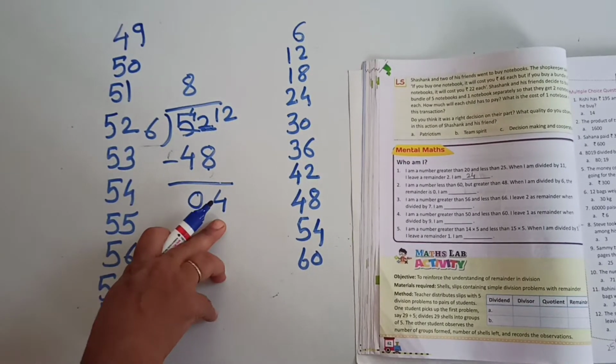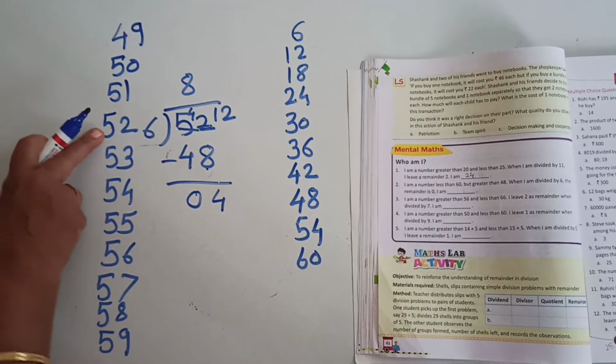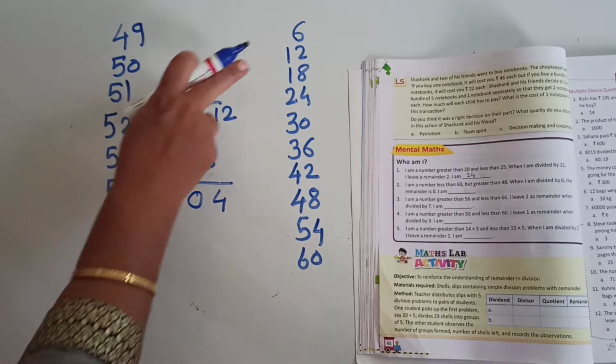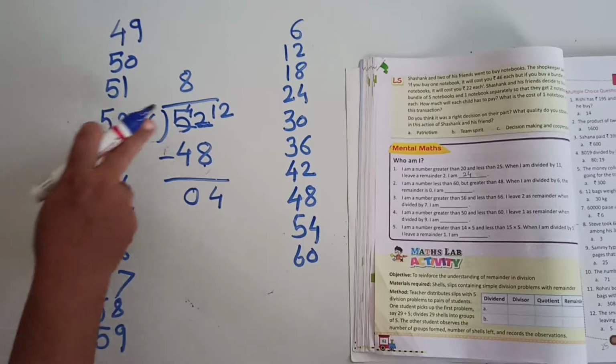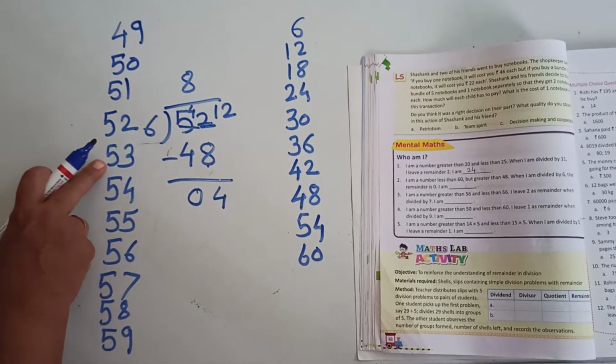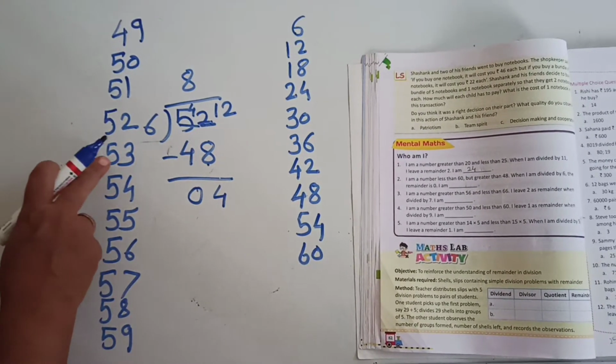Yes, here remainder comes 4 when we divide 52 by 6. Then 53 also remainder will come 3.